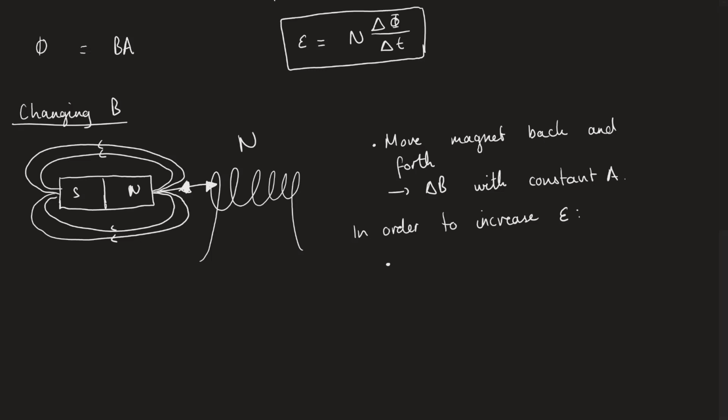The stronger the bar magnet is, the bigger the difference between the magnetic field strength when it's further away and closer together. Because if you remember back, we haven't formally defined this for magnetic fields, but it is also true that the potential gradient, so how quickly the potential changes per meter or per unit distance of an electric field and a gravitational field, is a representation of its field strength.